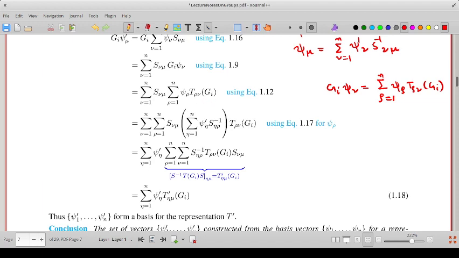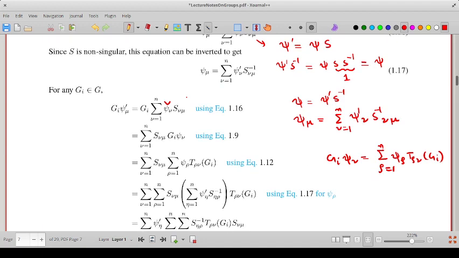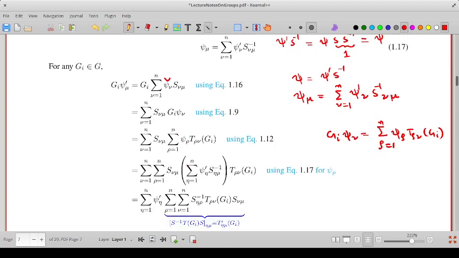Now we have psi rho sitting here. On the left hand side, I have written the action of Gi on psi dash mu, and I would like to have the right hand side also represented in terms of psi dashes. But we have already seen that I can write psi mu in terms of psi dashes. So similarly, I can write psi rho also in terms of psi dashes. So look at this equation: psi mu equal to psi dash nu S inverse nu mu.